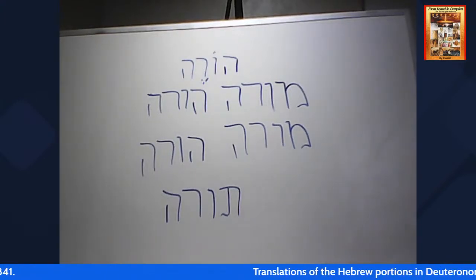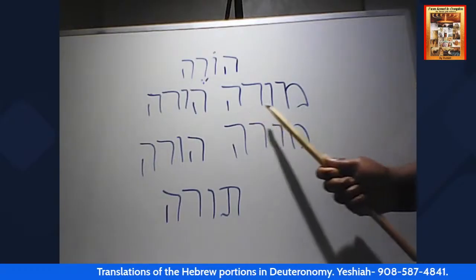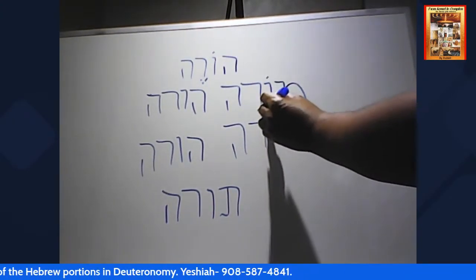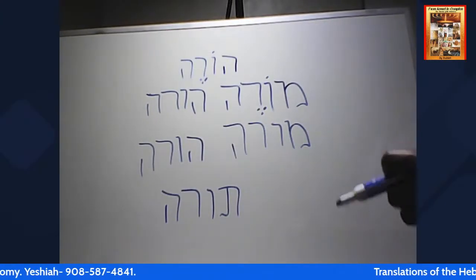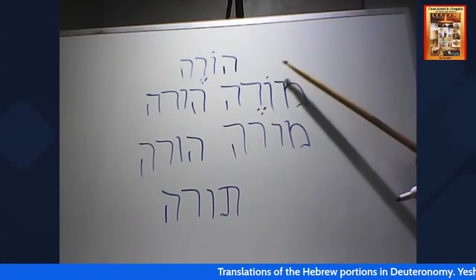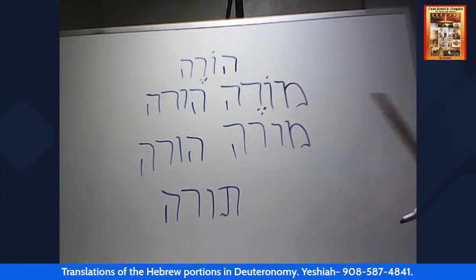Okay. All right. So then we have this word here, more. The word more means teacher. So what do we see so far? The verb and then the noun with the prefix of the mem there. This is a male teacher.